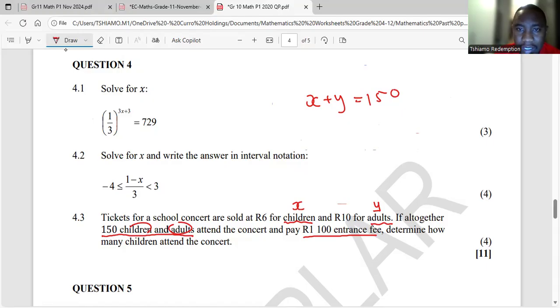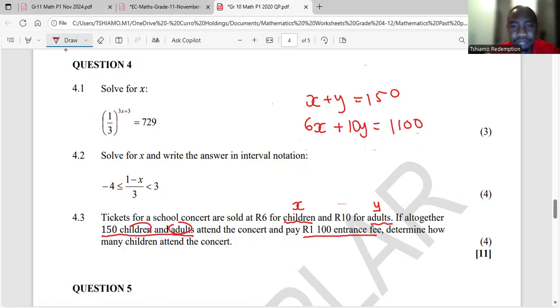And then the children pay 6 rand per child. So each one pays that. So 6 times X, meaning one child pays that, plus adults pay 10 rand per adult. And the total amount they made from this is 1,100. So that is simultaneous equation.